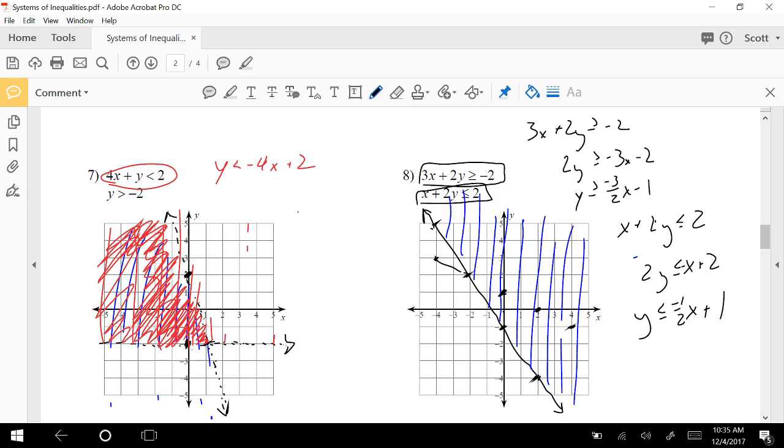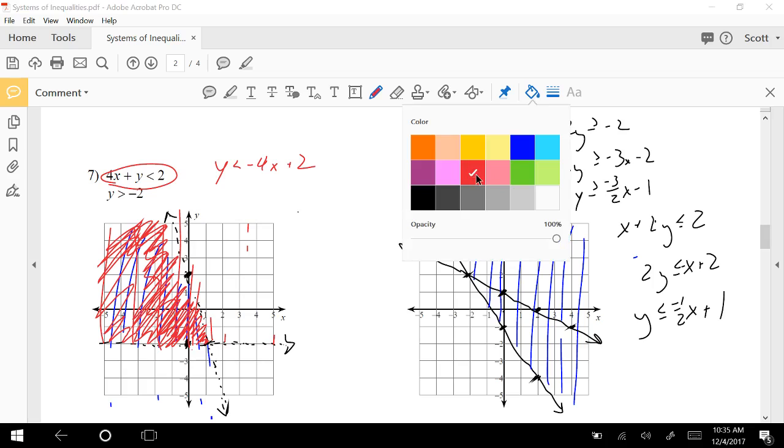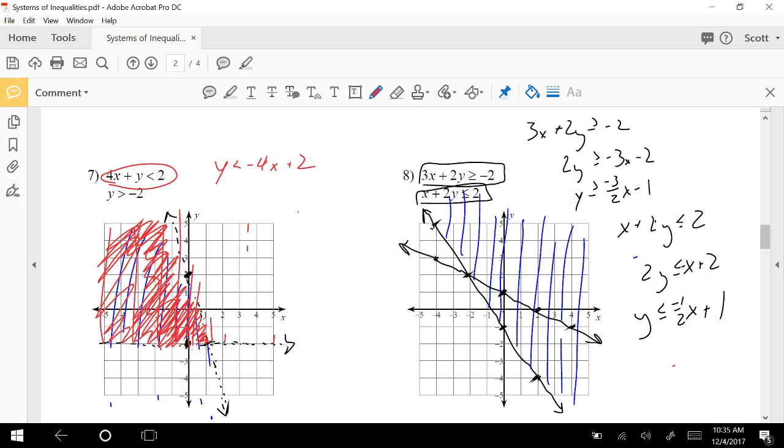Draw the line as straight as I can. And y would be less than that. So from our line here, we want to go down.